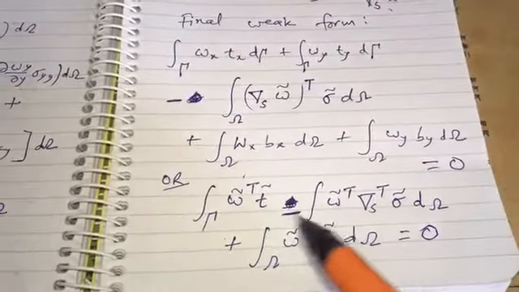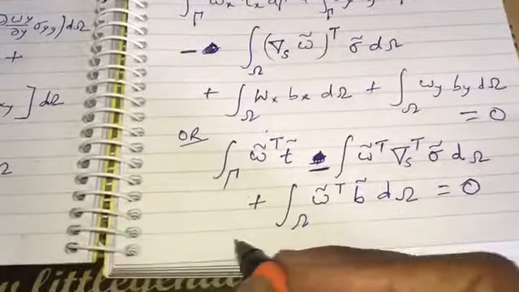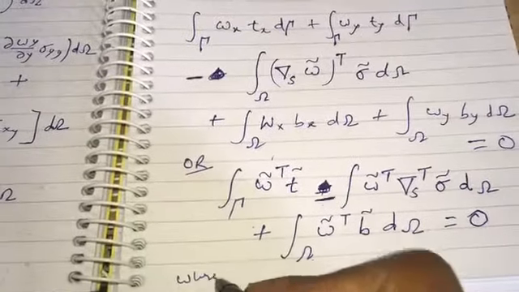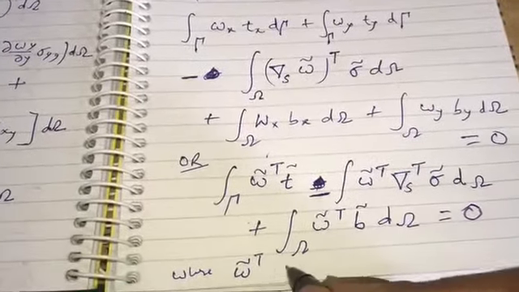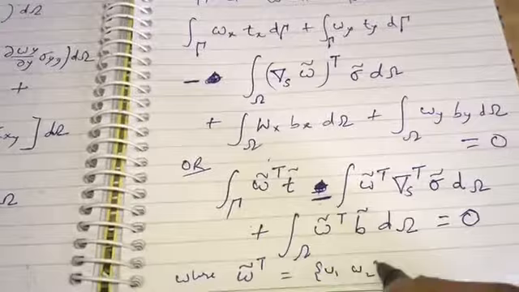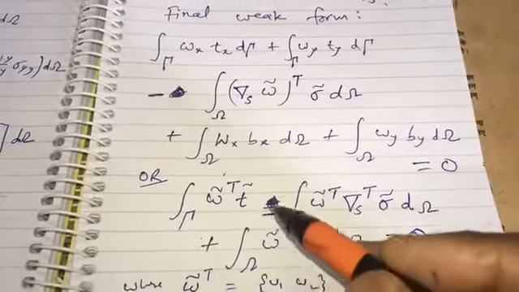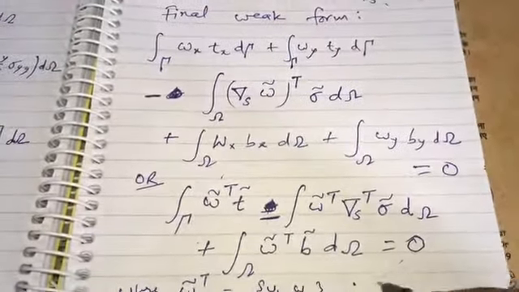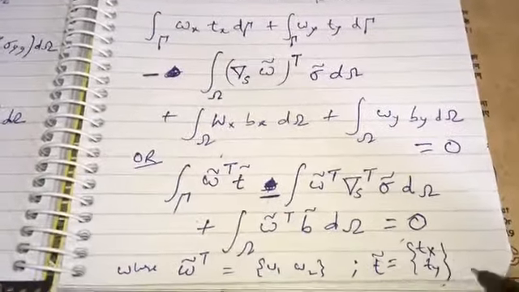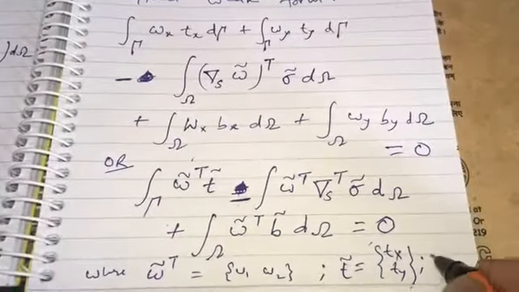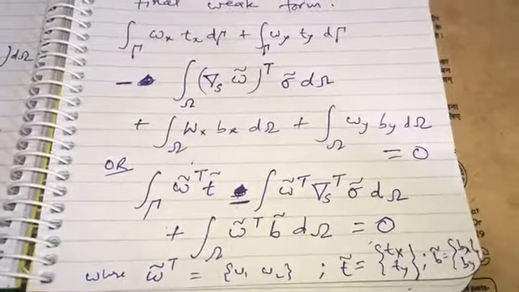So where we have to write W, W transpose is nothing but W1, W2, and similarly the T vector is nothing but Tx and Ty, and the B vector is nothing but Bx and By, written like this.